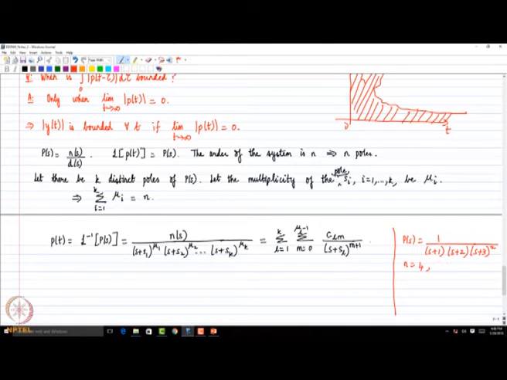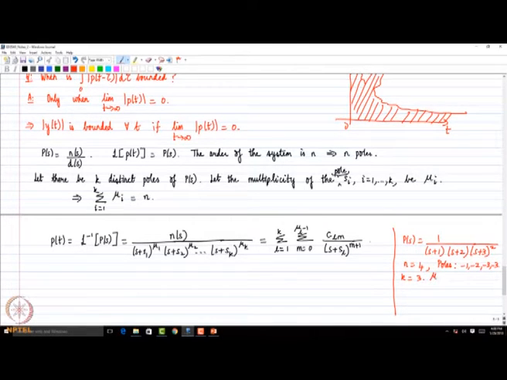And what are the poles? It's going to be minus 1, minus 2, minus 3 and minus 3. There are 4 poles, but minus 3 repeats twice. So what is the number of unique non-repeating poles, K? 3.